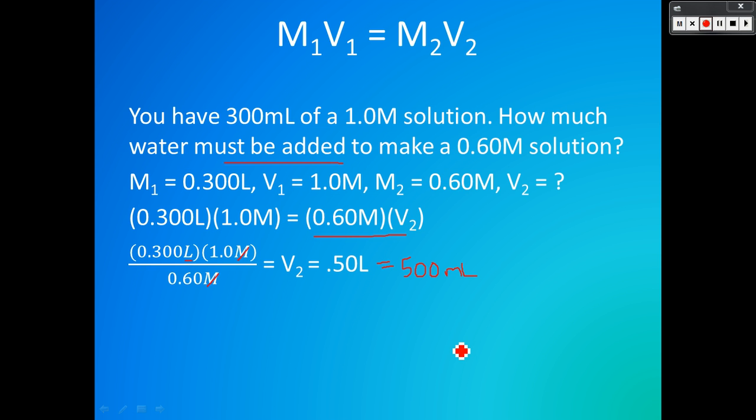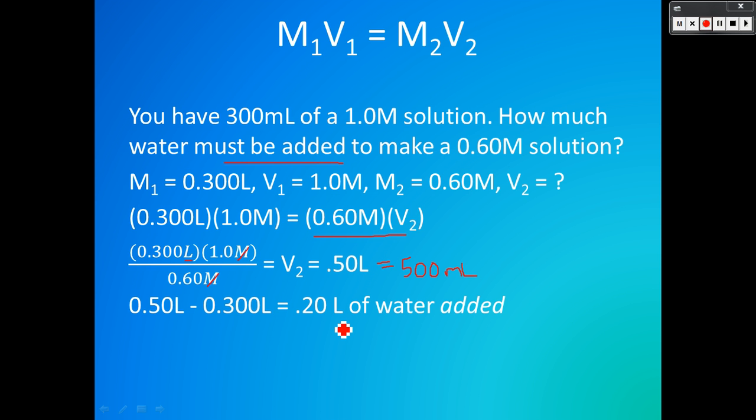So in order to find out how much you need to add, think about that quickly, you would say, I'm going to take my 0.5 liters minus my 0.3 liters, right? I already have 300 milliliters. I need to make it 500 milliliters, meaning I need to add 0.2 liters or 200 milliliters of water. So I take my 300 mils of a 1.0 solution, I add 200 mils. Now I have 500 mils of a 0.6 molar solution.